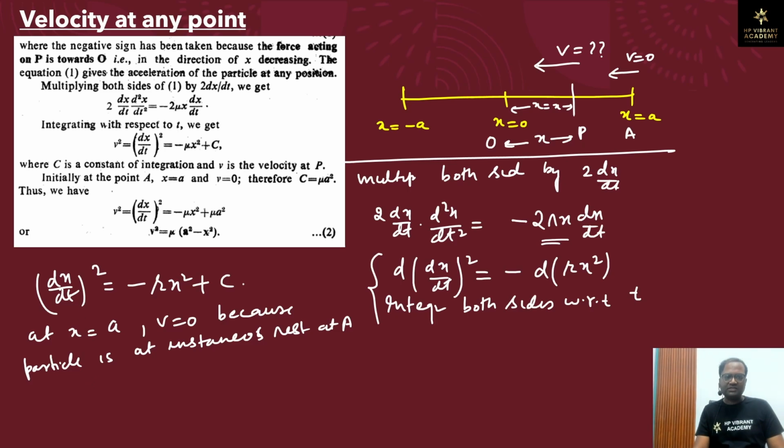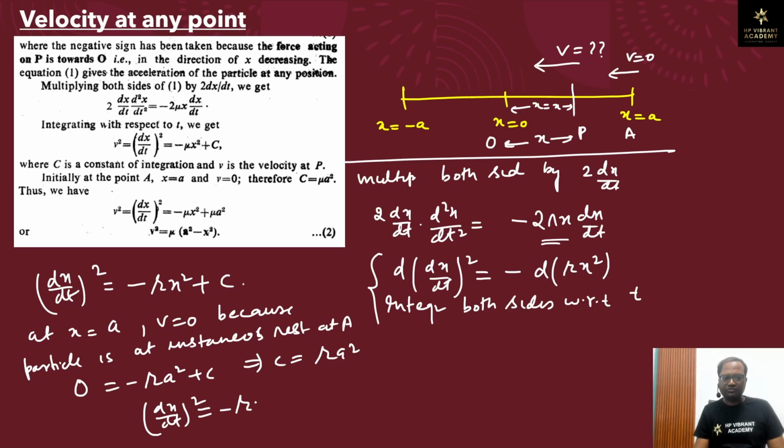We have dx upon dt is v. So v will be 0. This is 0 is equal to minus mu into a square plus c. This means c is equal to mu a square. So we have (dx upon dt) whole square is equal to minus mu x square plus the value of c, mu a square. This is equal to mu of a square minus x square.